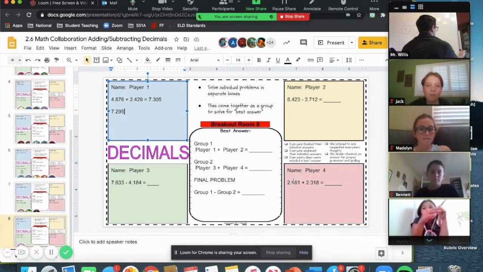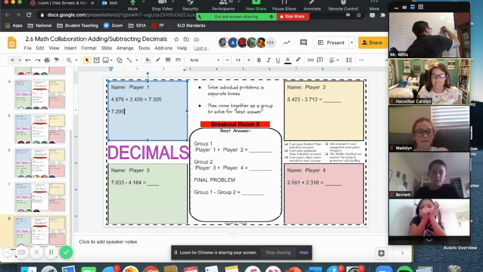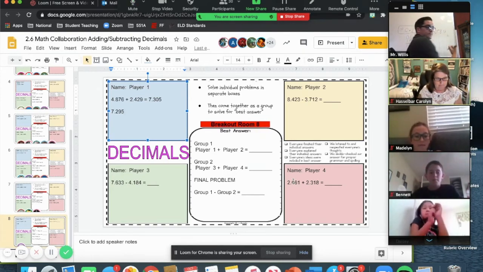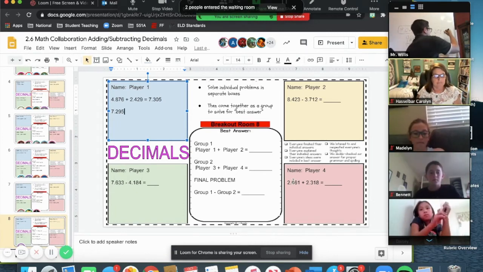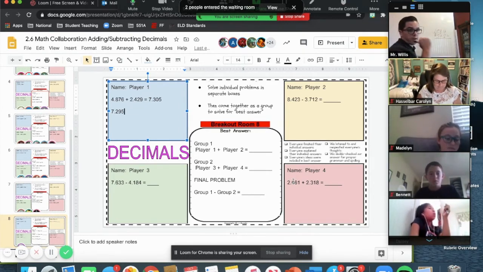Let me move this over. We have 4.876 plus 2.429. You need no placeholder, so we're going to just be adding straight down.